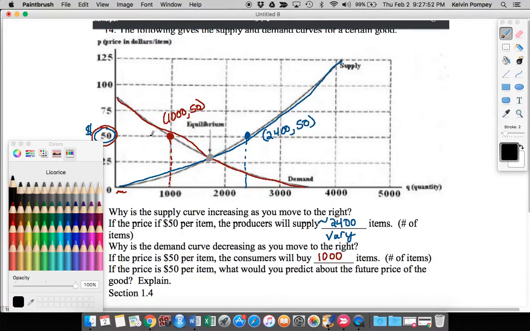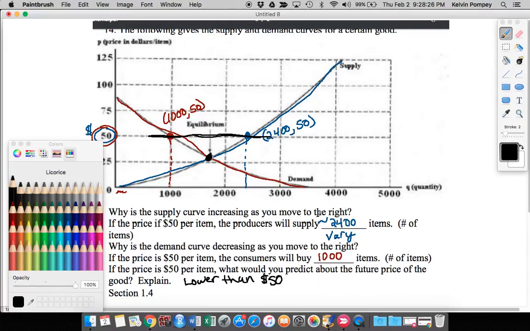Right now, at $50 per item, we are above equilibrium. Equilibrium is down here. At a price of 50, we're up here. So the prices should go down so that we'll be at the price of equilibrium. So the future price of items should be lower than $50.